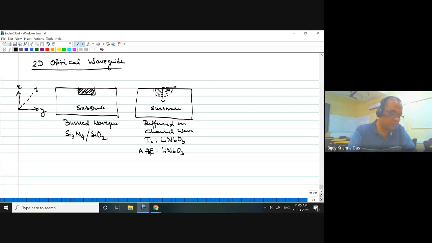And then another type of waveguide, we call it a strip waveguide. If you see the cross section, that will be like this, and then you can have some patterned cross section. You just pattern like this, and then you can have some cladding material, something like this, at the same height.